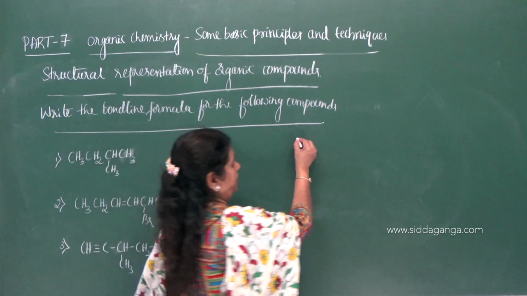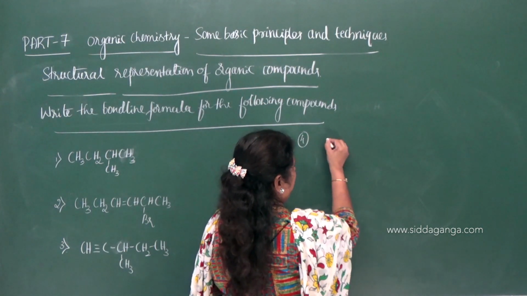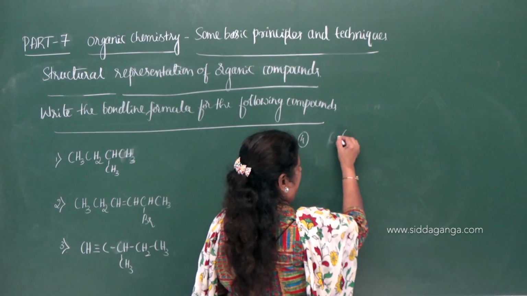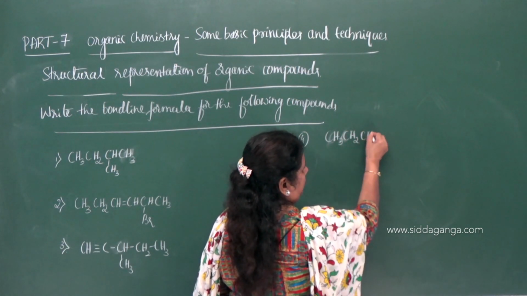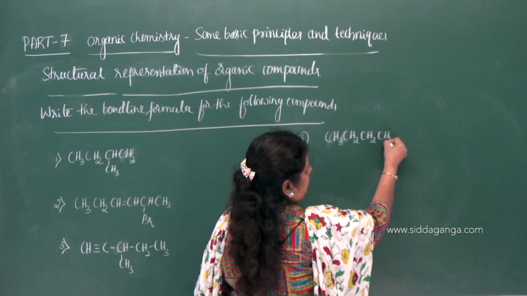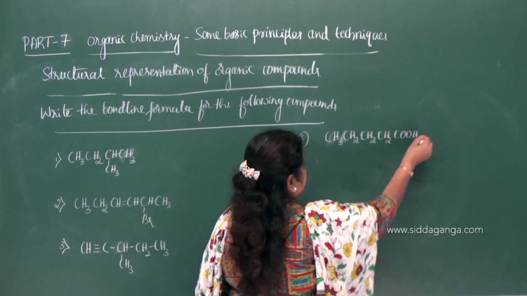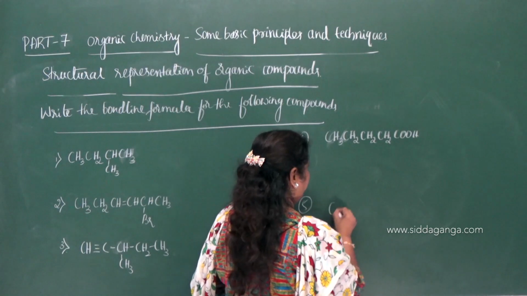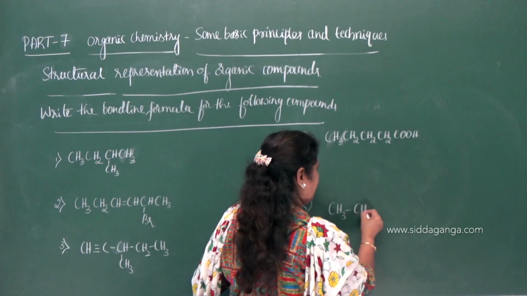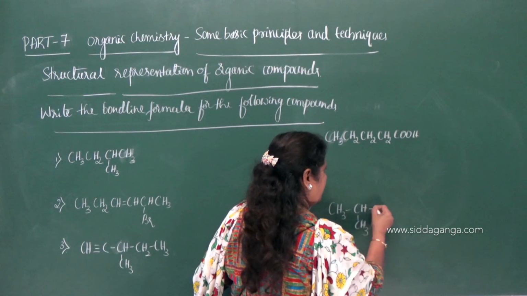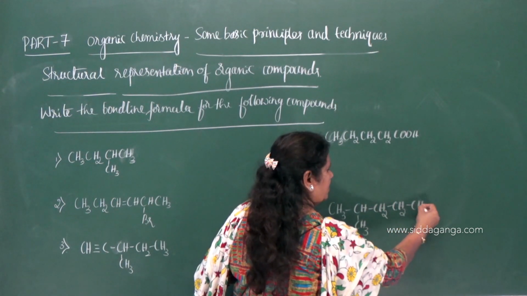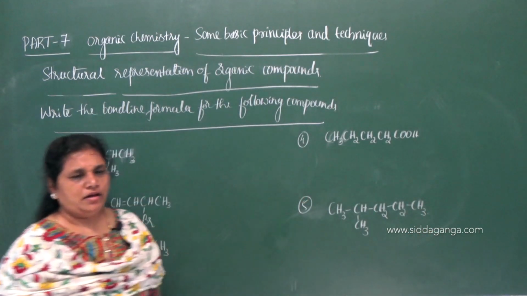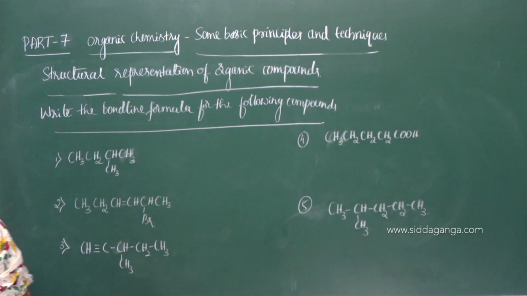And fourth one: COOH, CH3, CH2, CH2, CH2, COOH. Fifth one: CH3, CH3, CH2, CH3. Very simple compounds I have given for the bond line representation.